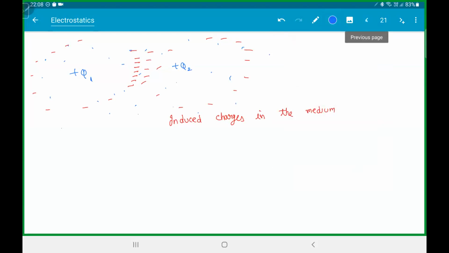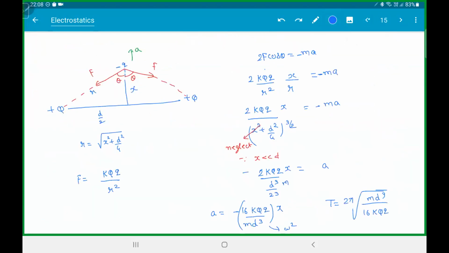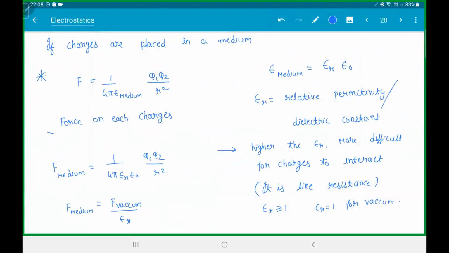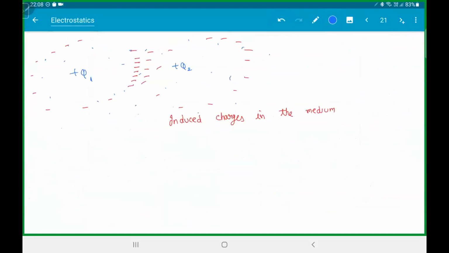I want to emphasize this statement. If you remember, we wrote force between charges in vacuum. Here we are writing force on each charge. Both are not the same. Now, why is that? I'll tell you. Imagine we have person A, and person B is pushing with 100 newtons.